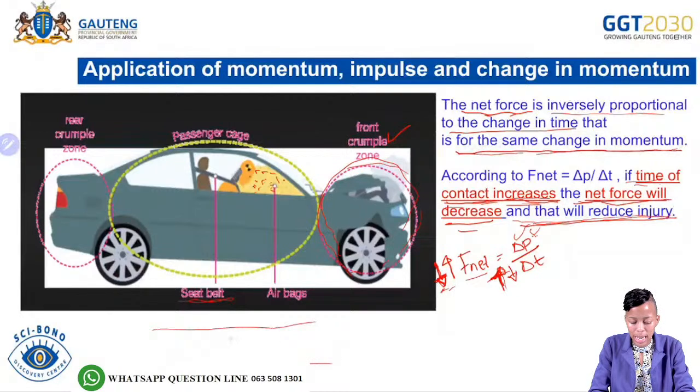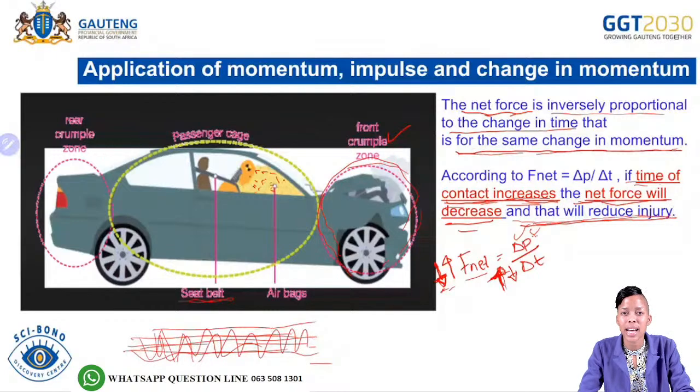Then again, we spoke about the arrestor beds. Arrestor beds would normally be represented by gravel or sand that you find on the side of the highway. It is normally there in case the truck loses control, or the truck's brakes fail, then the truck would drive into that gravel road.